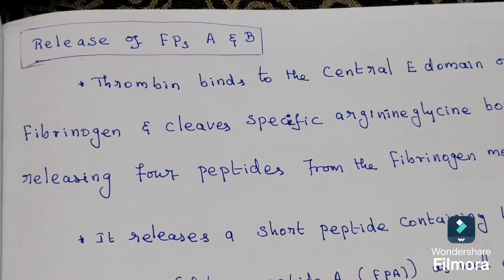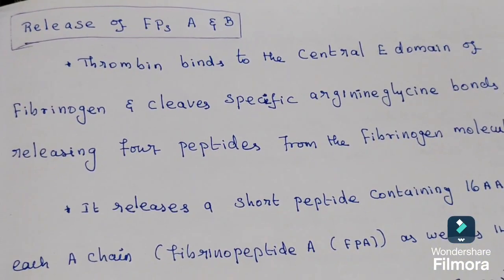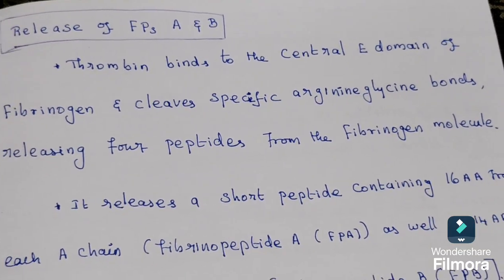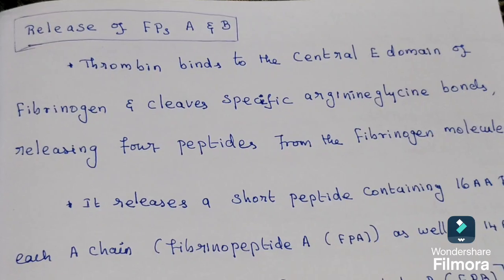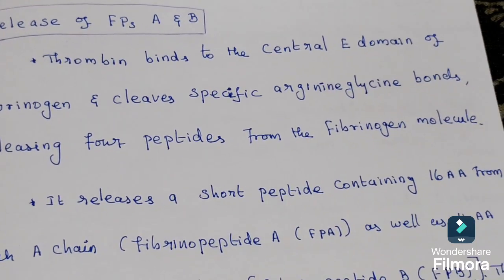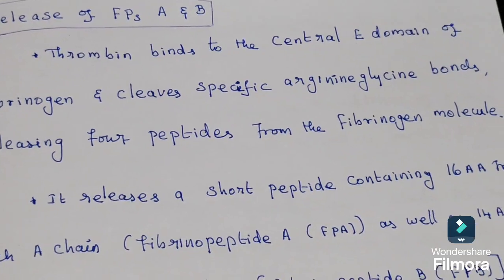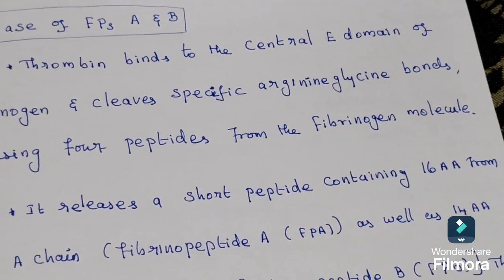Release of FPA and FPB. Thrombin binds to the central E domain of fibrinogen and cleaves a specific arginine-glycine bond, releasing four peptides from the fibrinogen molecule.